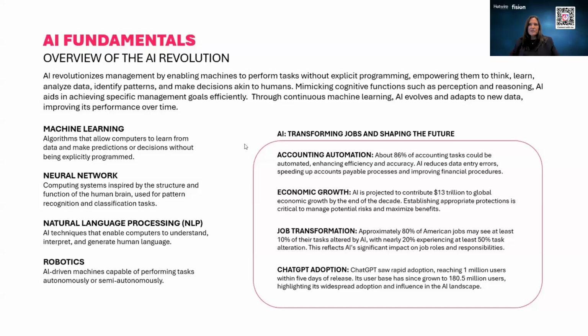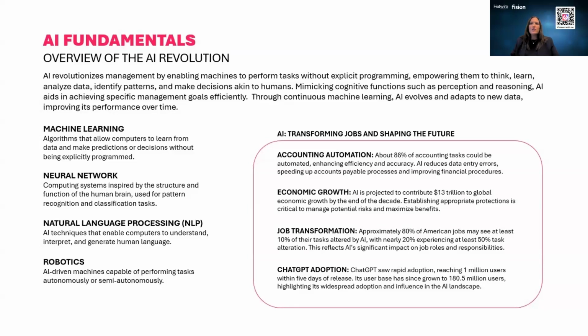So AI fundamentals, overview of the AI revolution. As we see, AI is used to enable machines to perform specific tasks without explicit programming. The machine empowers them to think, learn, analyze data, identify patterns, and make decisions akin to humans. So let's talk about machine learning. There's algorithms that allow computers to learn from data, and they make predictions or decisions without being explicitly programmed.